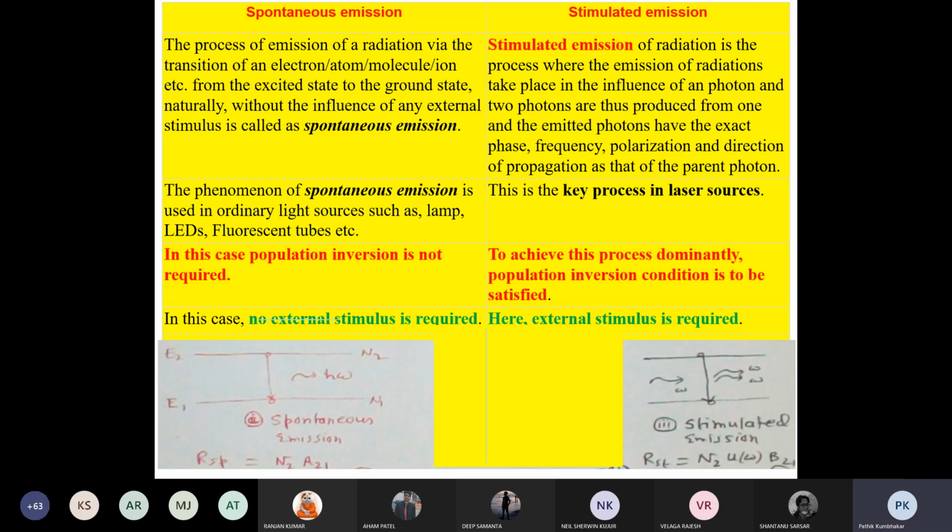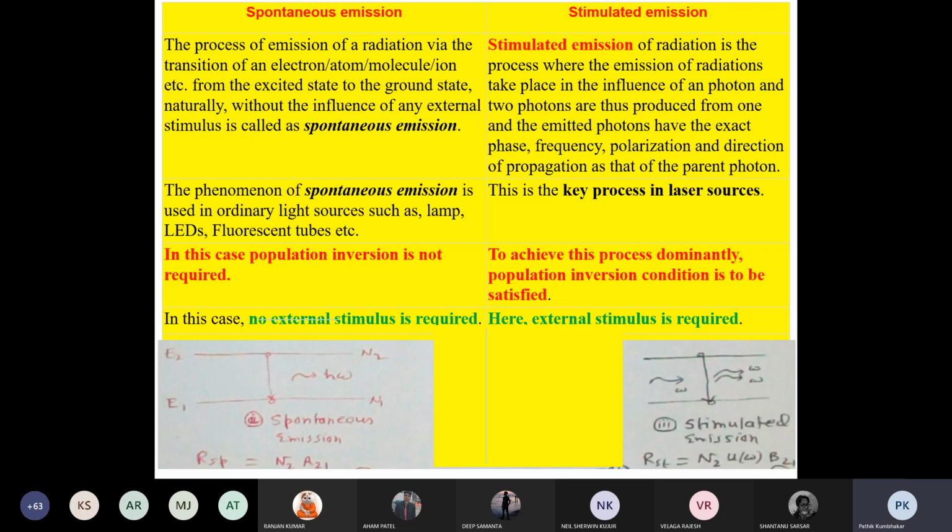The phenomenon of spontaneous emission is used in ordinary light sources such as a lamp, LED, fluorescent tube, and stimulated emission is the key process in laser sources. Now, the condition for achieving dominant stimulated emission is that N2 has to be greater than N1.